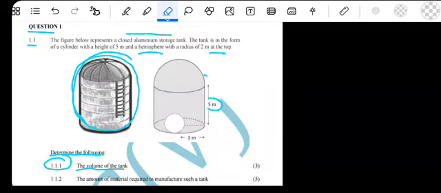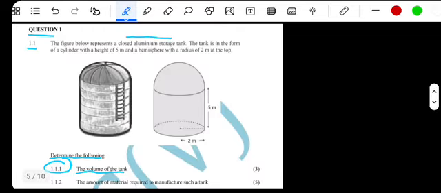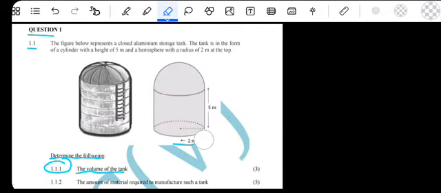When you sum up those two, they make up a tank. That means if you want the volume, you'll calculate the volume of the hemisphere and the volume of the cylinder, then combine these two, and it will give us the total volume of the tank.